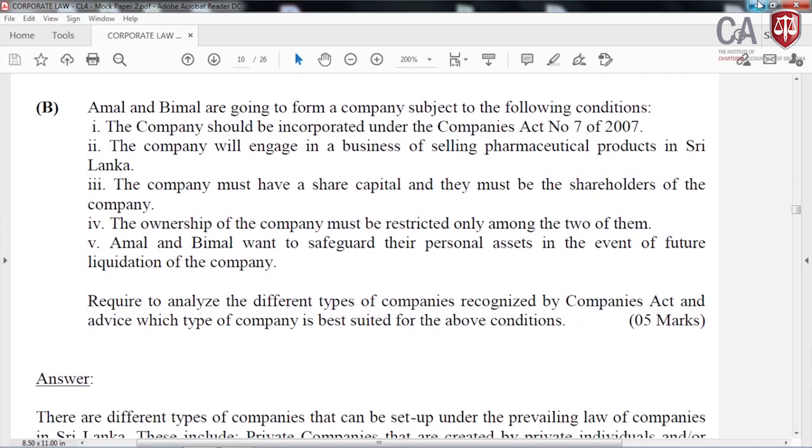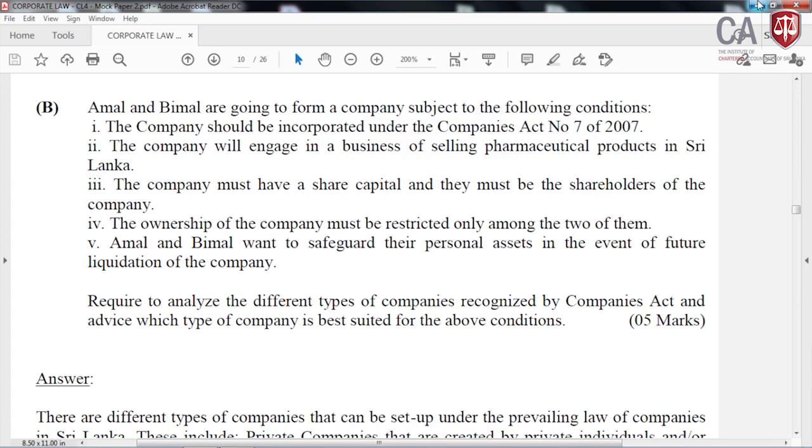Now, question number 4, part B, also carries 5 marks, if you can see at the end. The question is, Amal and Bimal are going to form a company subject to the following conditions. The company should be incorporated under the Companies Act number 7 of 2007. The company will engage in a business of selling pharmaceutical products in Sri Lanka.